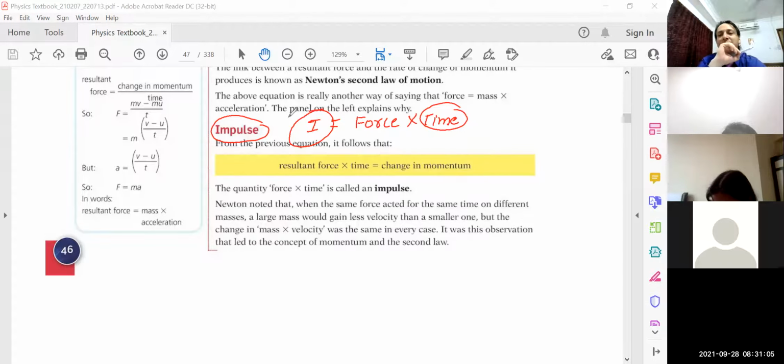Examples. What examples can we find in nature where a force acts on an object for a very short duration of time? I want to give you some examples, children.